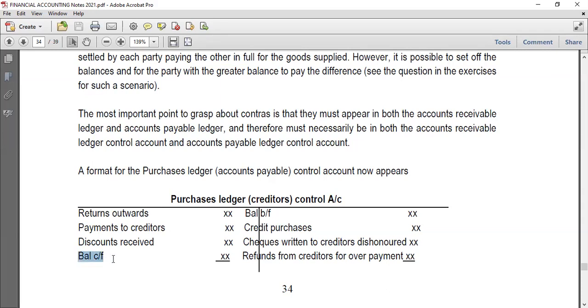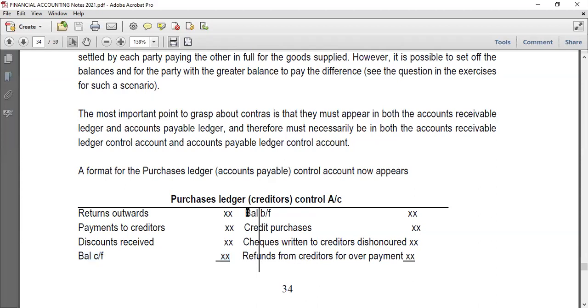Now, the reason why, similar to the other, this one is on the debit side, yet creditors have a normal credit balance, is because as it is a balance carried forward here or carried down right here in this period, in the next period, it will actually be a balance brought forward on the credit side, okay?